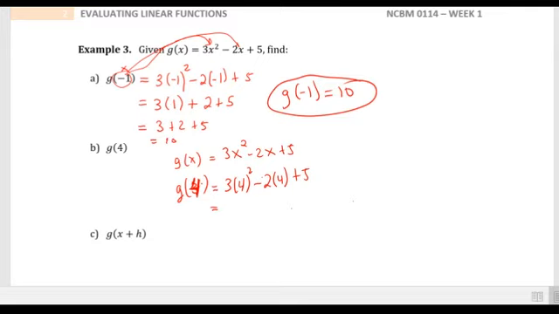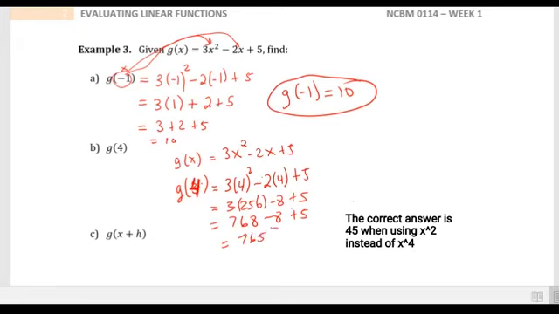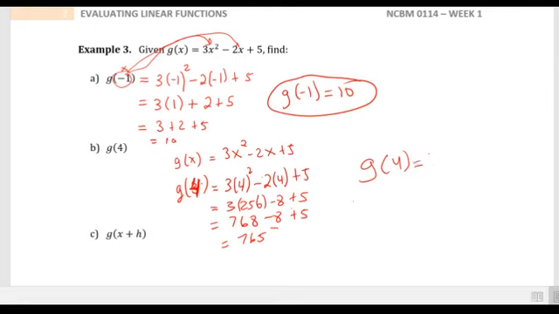And 64 times 4 is going to be 256. So we get 3 times 256 minus 8 plus 5. And 256 times 3 is equal to 768 minus 8 plus 5. And so we subtract the 8 and add a 5, and we get 765.